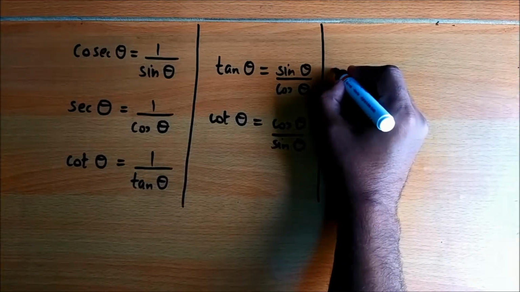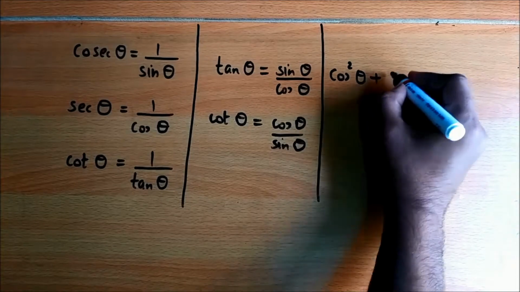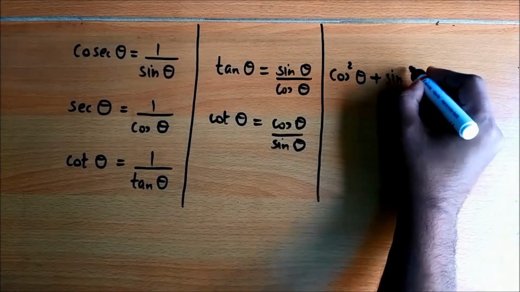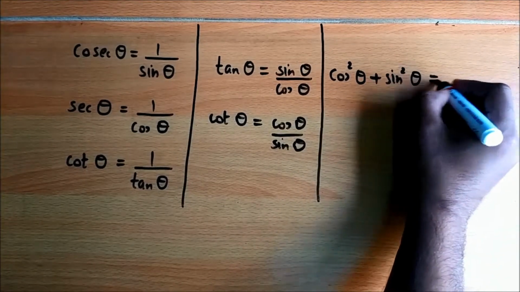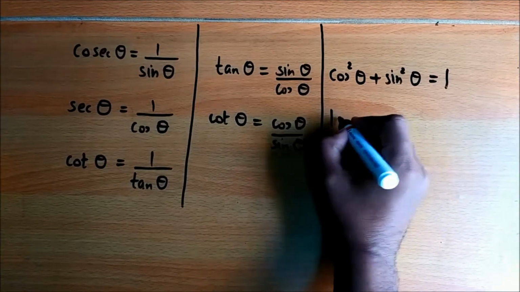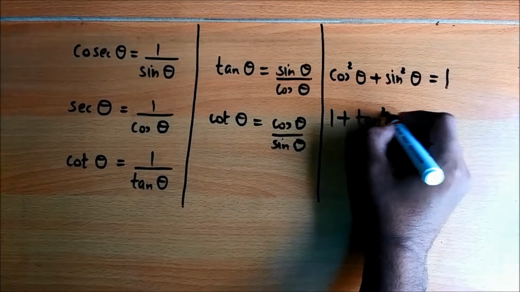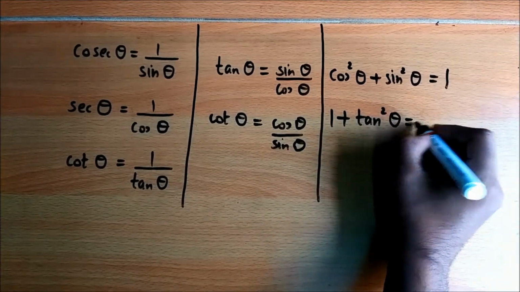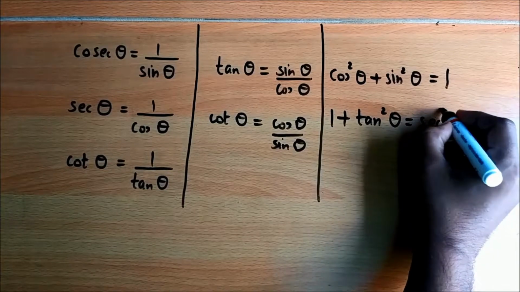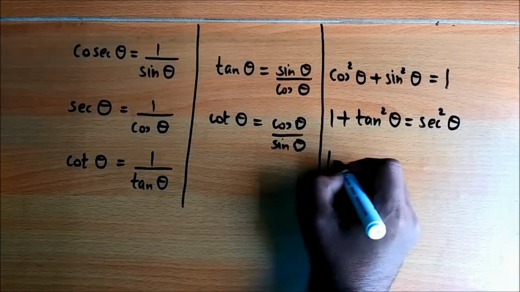Keep revising. Next is cos square theta plus sin square theta equals 1. Next comes 1 plus tan square theta equal to sec square theta. Please remember these, they are very important.